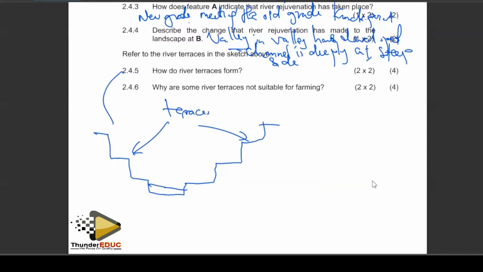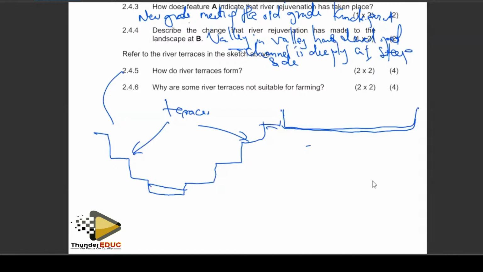Right, basically, the process is a repetition of a series of processes. As rejuvenation happens, we are having this channel here. I'll explain using a diagram. Let's say this is our initial channel, our original channel of the river. The river is having a wide channel like this one. It's achieving a grade. There's a balance between deposition and erosion as the river flows on this channel.